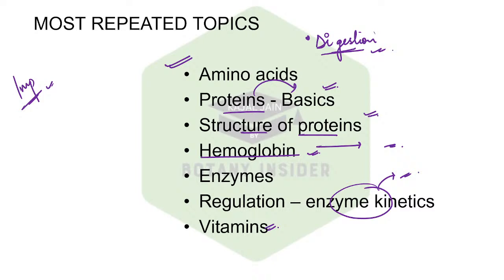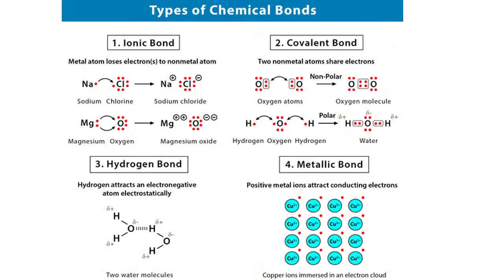So let's discuss a few of the topics so that you can get an idea. For example, what are the various types of chemical bonds? We majorly have four chemical bonds. On a broader level, you have two major classes of chemical bonds based upon whether there is sharing of electrons or entire transfer of electrons, right?